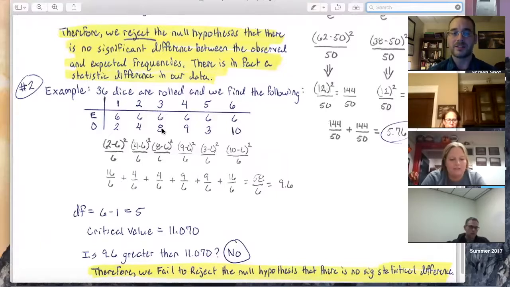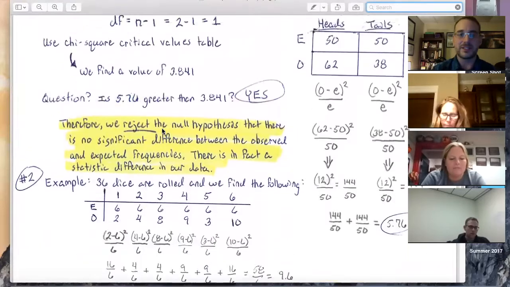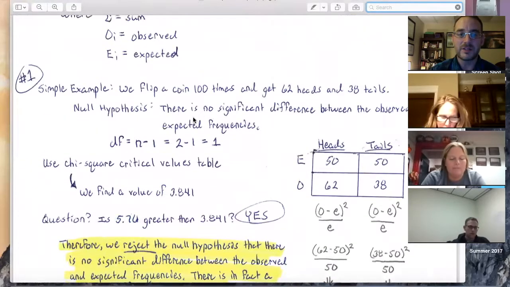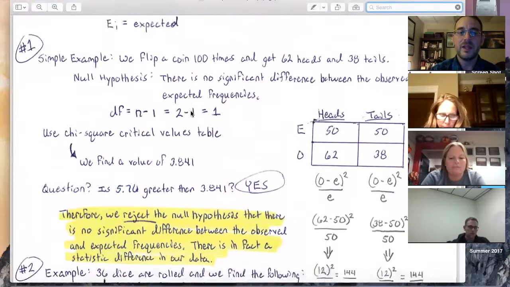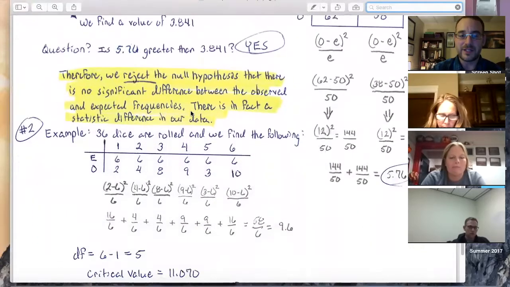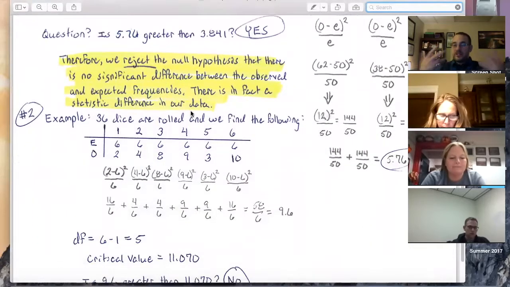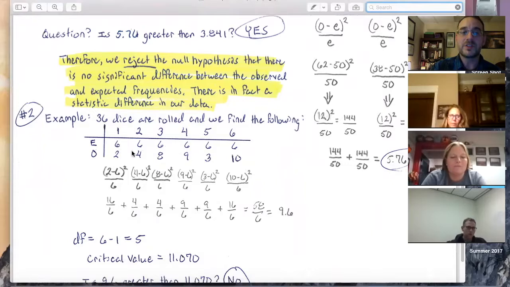All right. So their question that they were coming up with here, if we were going to set a research and a null hypothesis, they're establishing a research hypothesis essentially. So let's remind ourselves of our null hypothesis up here. As researchers, we're saying that there's a significant difference between our observed values versus what we would expect. If we rolled 600 dice, we would expect that close to 100 of those are going to come up 1.